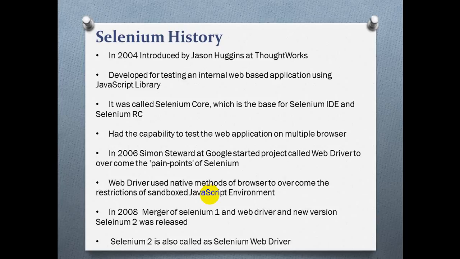And in 2008 Selenium 1 and WebDriver were merged, and it was called Selenium 2.0. Selenium 2.0 is also called Selenium WebDriver. This is the history of Selenium. This is just for your reference. Nobody will ask you about these dates, but since I am learning Selenium, I should be comfortable with its history.